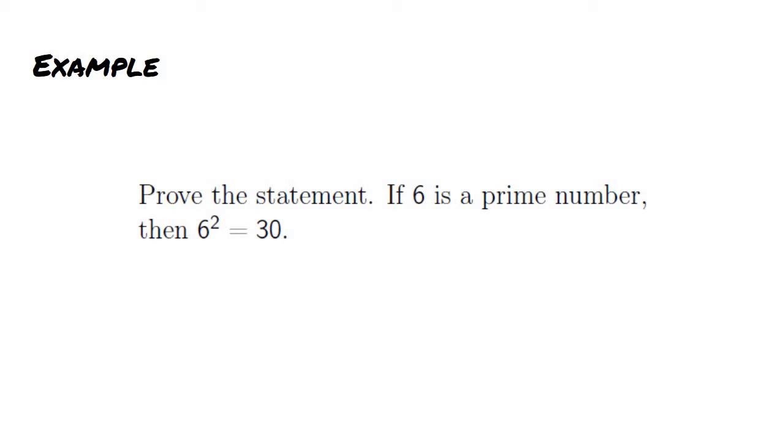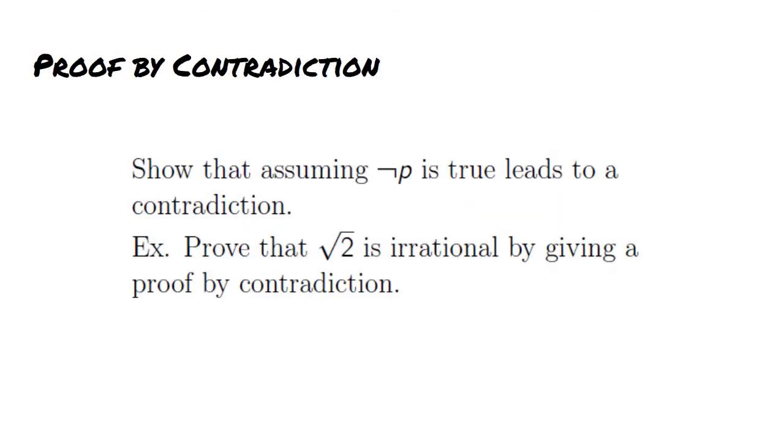Next, we proceed with proof by contradiction. For proof by contradiction, we're going to assume the negation of the premise is true, leading to a contradiction. So we must first clarify what is the negation of P. The P here is not the antecedent. The P here is equal to the whole premise.